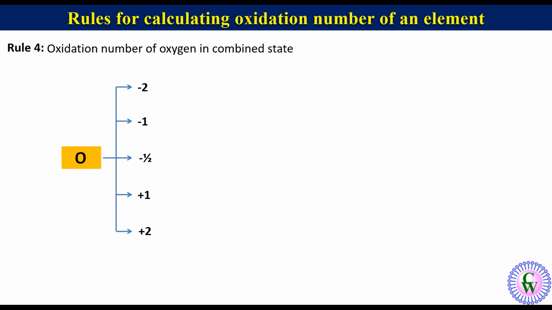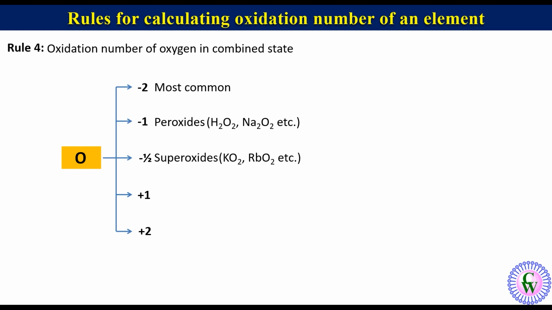Among these oxidation states, -2 is the most common one. -1 oxidation state is found in peroxides like H2O2, Na2O2, etc. -1/2 oxidation state is found in superoxides like KO2, RbO2, etc. +1 oxidation state is found in dioxygen difluoride, O2F2, and +2 oxidation state is found in oxygen difluoride, OF2.